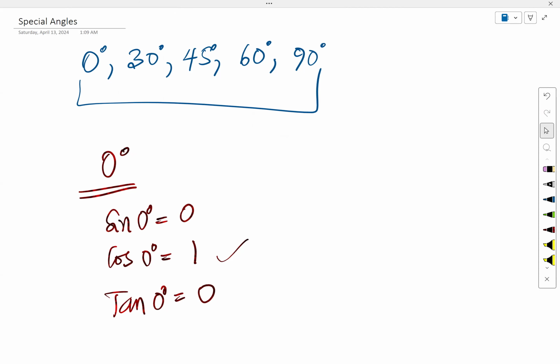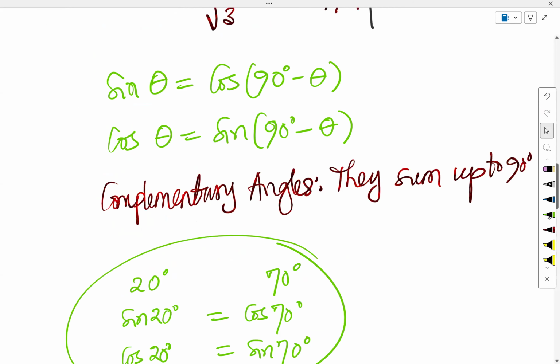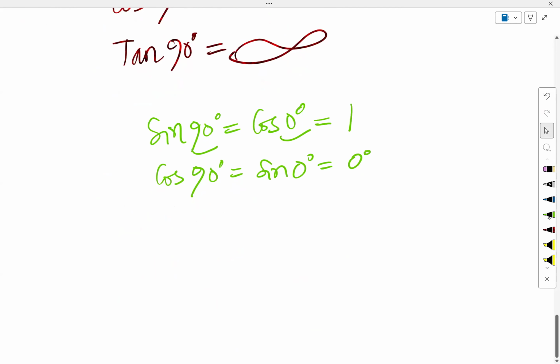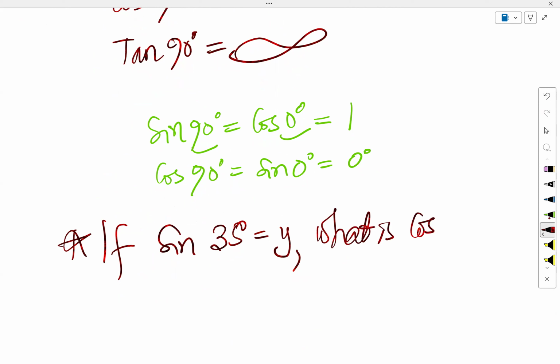So I can give you a simple question. If sine 35 degrees is equal to y, just something, what is cos 55 degrees?